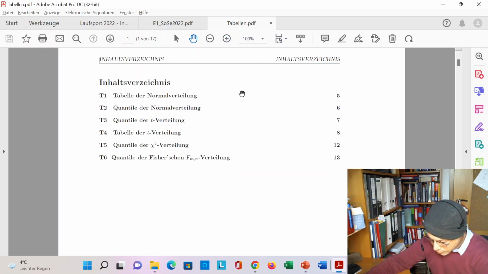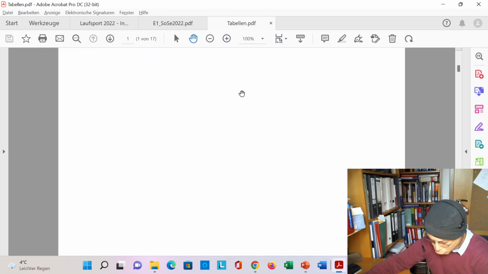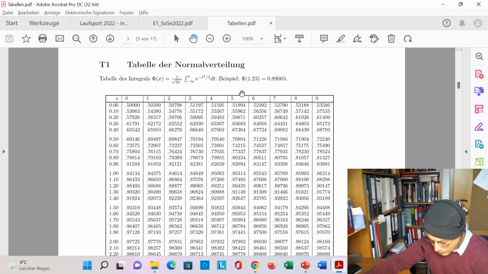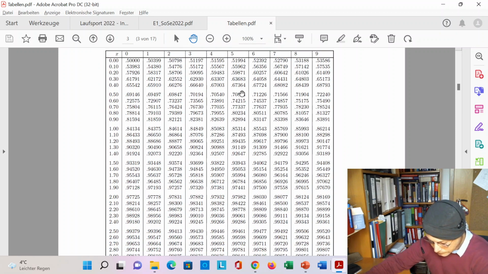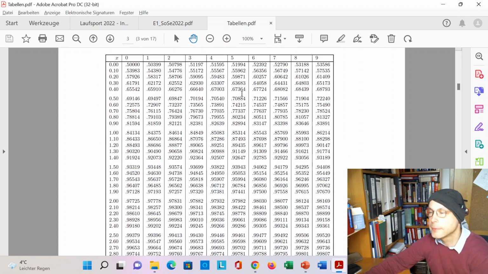Normal distribution. Here we are. So we are interested in -1, and in our table we have to look up which number.